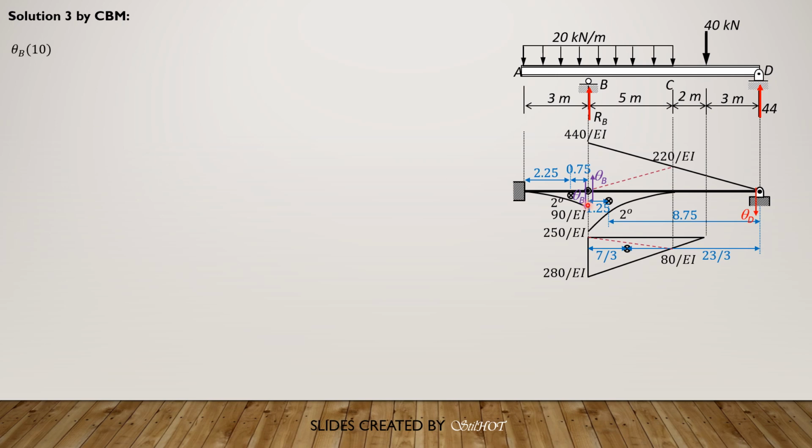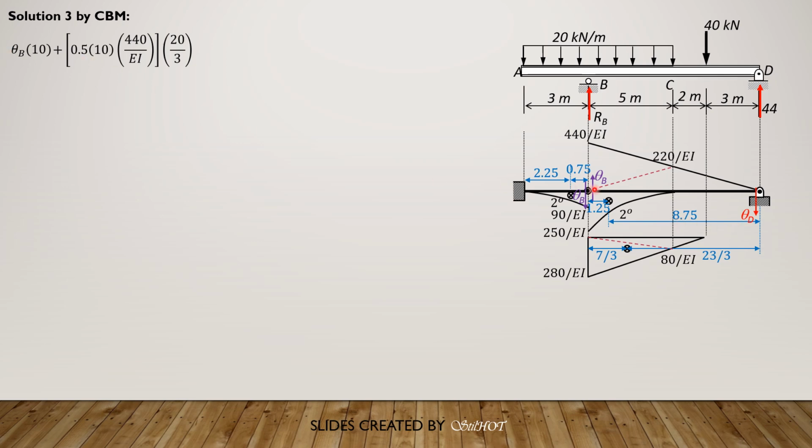So first, summation of moment about D equals 0. So we have 0.5 times 10 times 440 over EI. The moment arm is 20 over 3 minus theta.